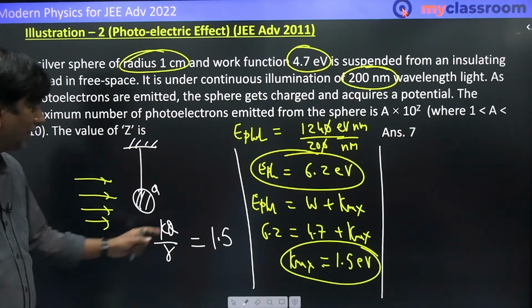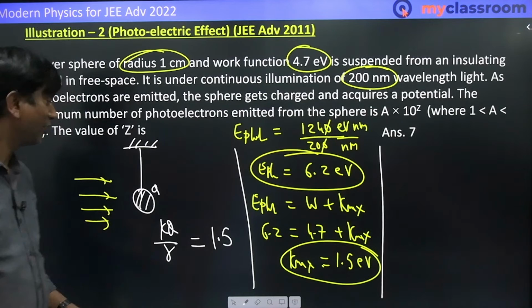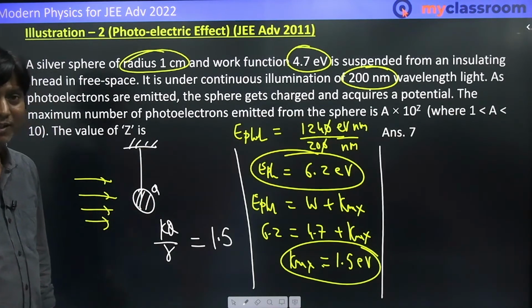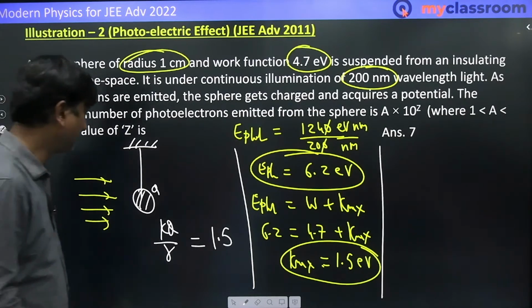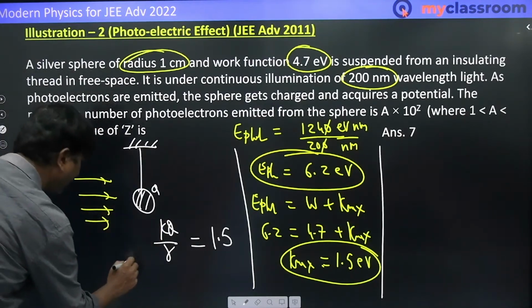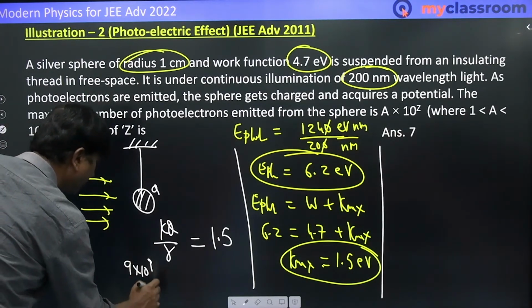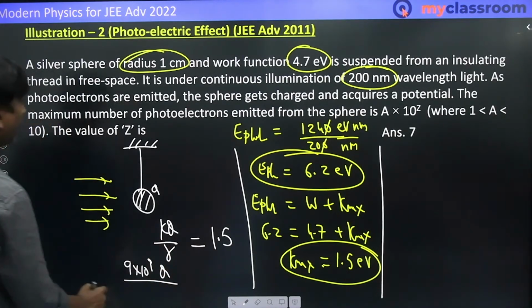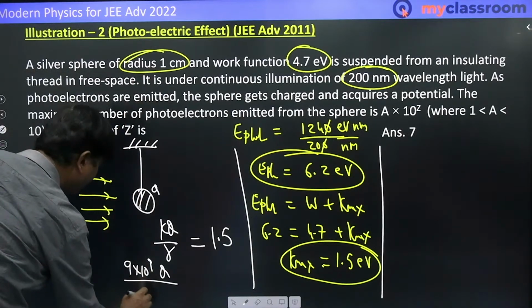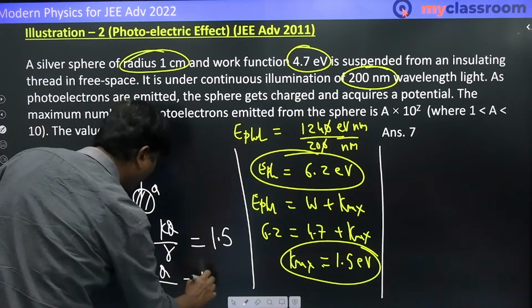Now calculate what is the charge. Why does the sphere have that potential? Because of a charge. How much is that charge? Just check it. K is 9 into 10 power 9, into Q by R, where R is 1 centimeter, so 10 power minus 2, is equal to 1.5.